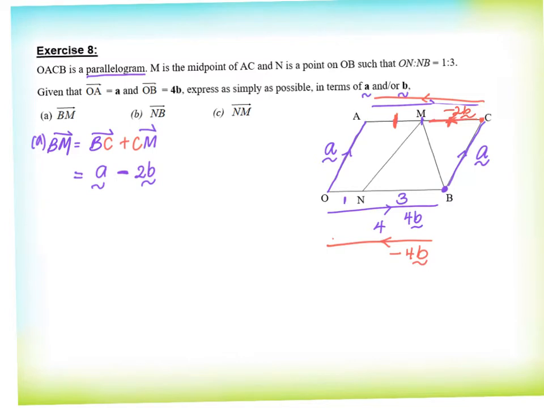Okay. Part B, I have NB. I'm going to start with N to travel to B. How can I travel from N to B? Now N to B is this portion over here.